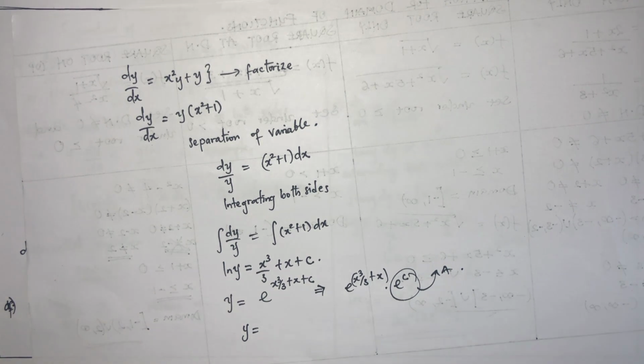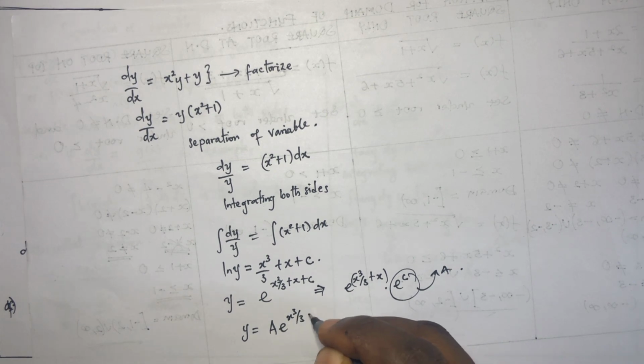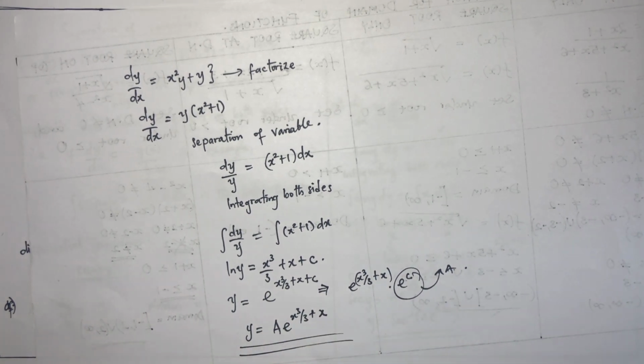So y equals a exponential x cubed over 3 plus x. This is the solution for the differential equation dy/dx equals x squared y plus y. That is pretty much everything you need to know when it comes to separation of variables.